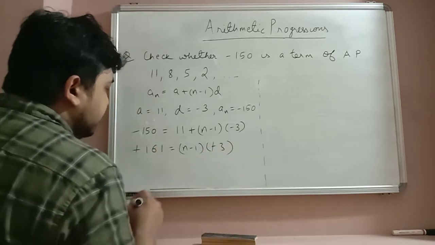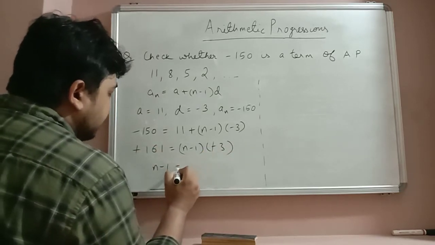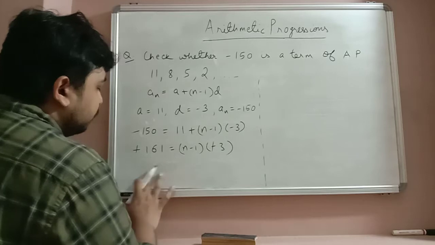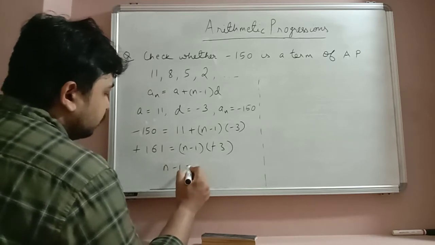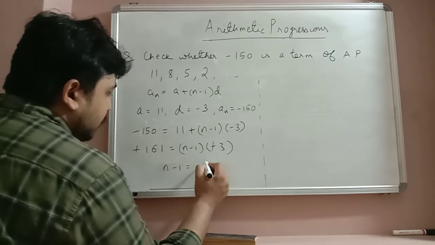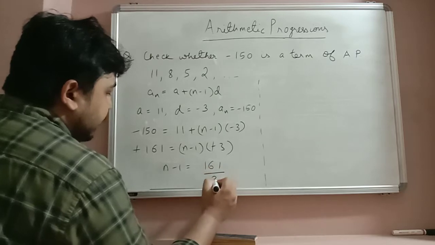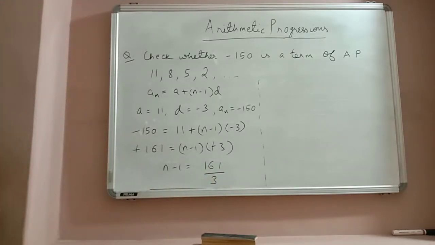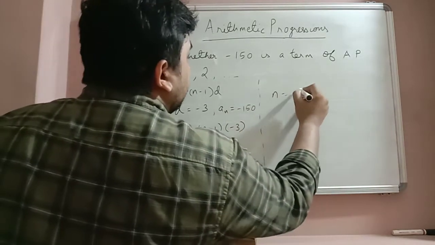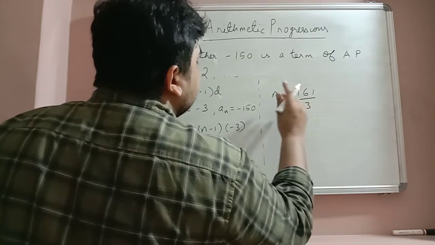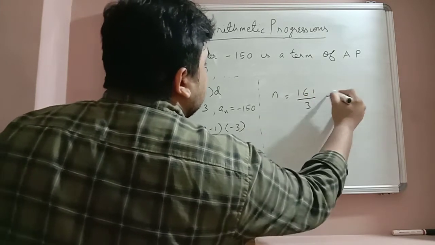Minus and minus can be easily cancelled. We get n minus 1 equals to 161 divided by 3. So n will turn out to be 161 divided by 3 plus 1.